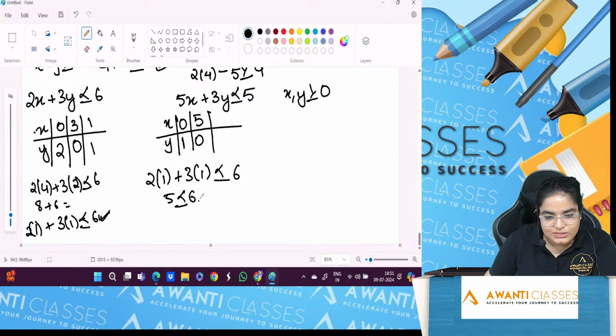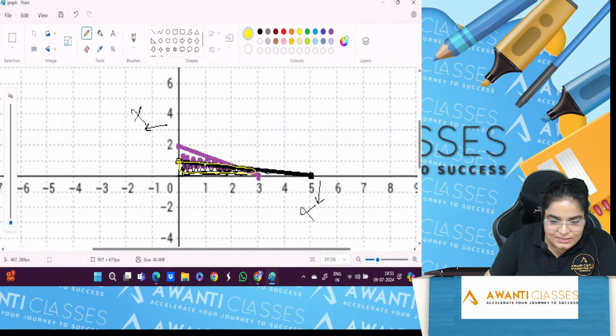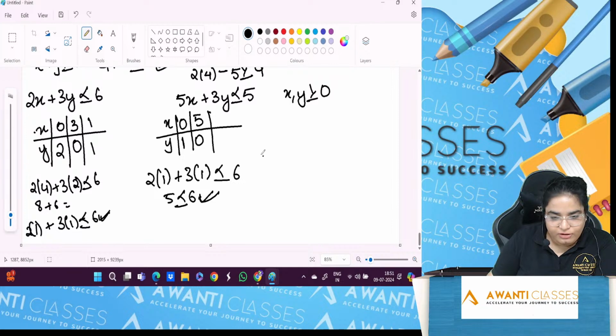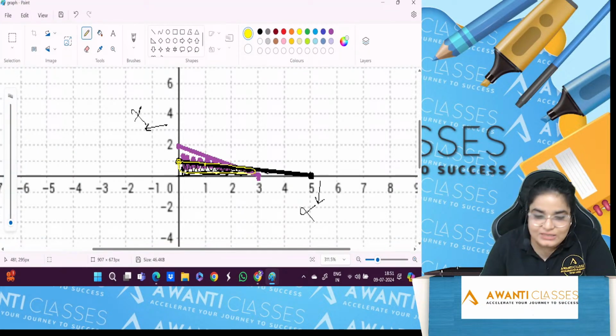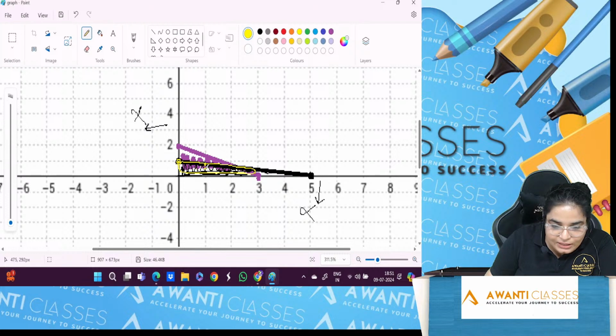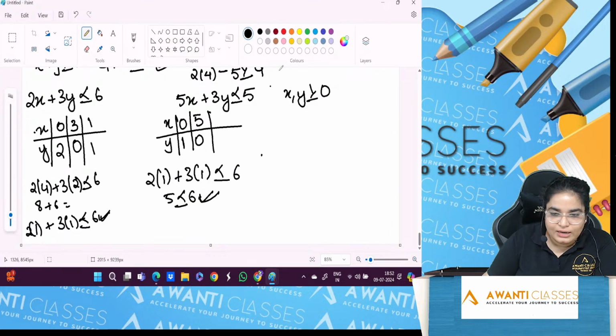Yes, it will satisfy. Similarly, same 1, 1 point, if I take for here, is it under? It is under, sorry. Can we take it here? 0.5. Okay. Where the black line is, it has to be under. Let us take this point, which is 1 comma 0.5. Let us take 1 comma 0.5.